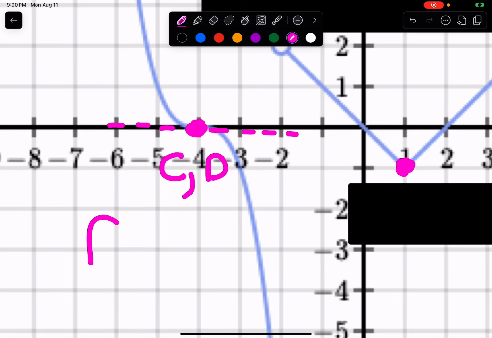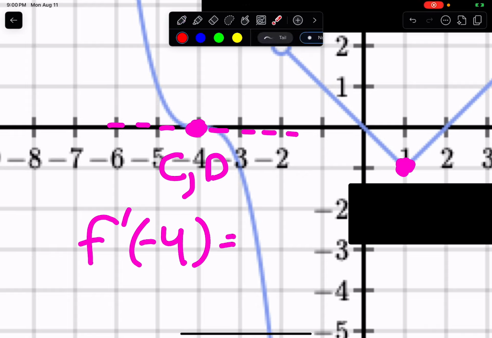What is f prime of -4? That is a horizontal tangent line right there, but sometimes students make a silly mistake and say that doesn't exist. But actually, it's just 0. So this is a point at -4 where the function is both continuous and differentiable.